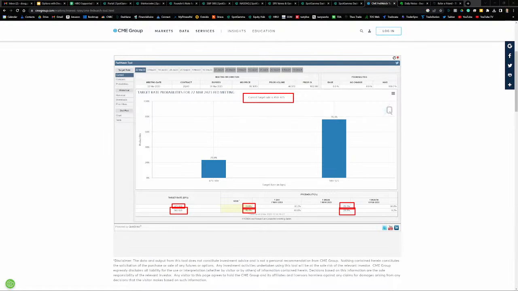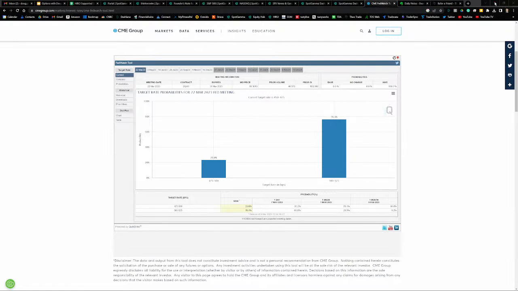A dramatic shift in expectations for the Fed funds rate. Okay, and then finally the unemployment. The employment situation report is Friday again.